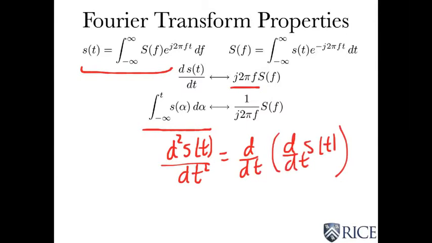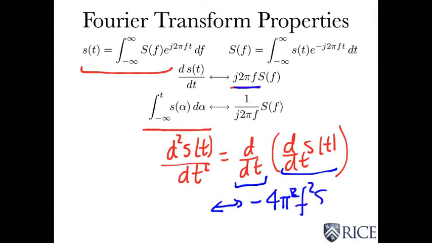So the spectrum of the derivative is j2 pi f times S of f. The spectrum corresponding to the second derivative is going to be to multiply it by another j2 pi f. And so what you get is minus 4 pi squared f squared times S of f.